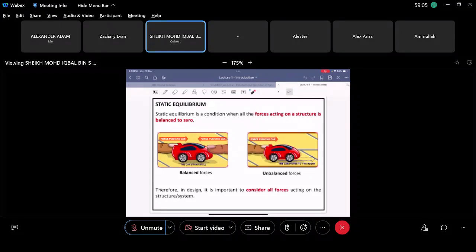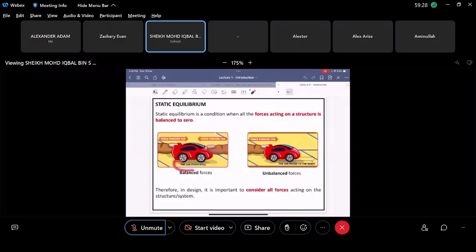For example, this picture on the left is in static equilibrium, because it's not moving. You can see here, there's a force pushing the car using the left hand, but then there's another force pushing the car using the right hand.